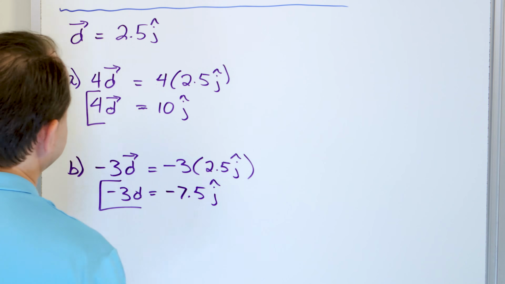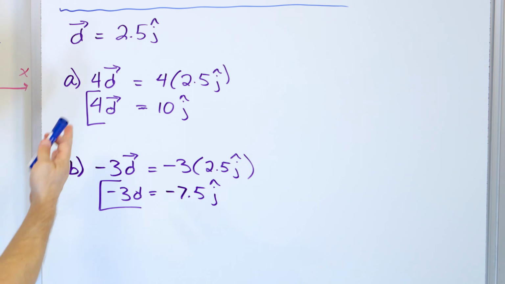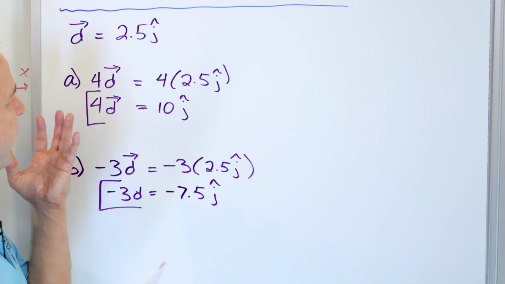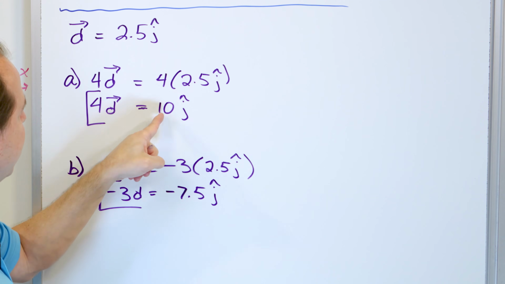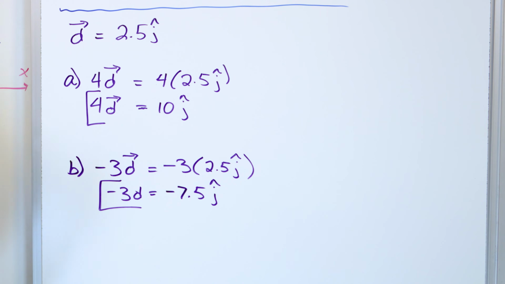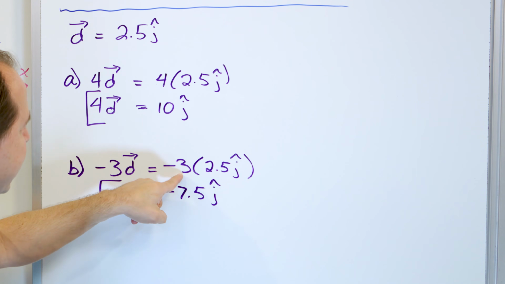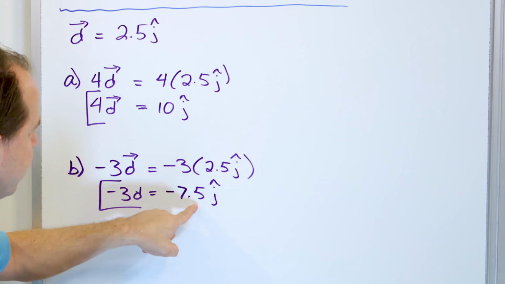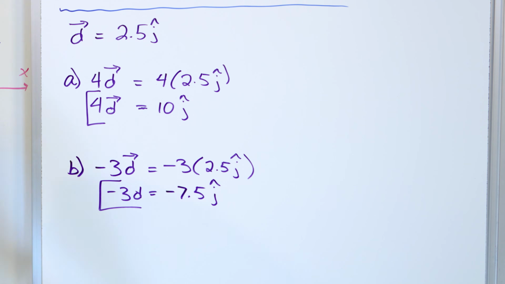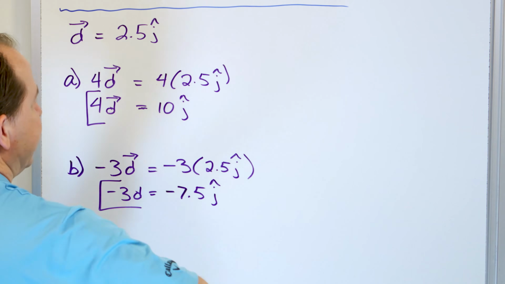And so this is the answer to the problem. So you see how we were able to do it without drawing any pictures. We follow the rules of math. When we have a vector, we multiply by a scalar, we just multiply the numbers, the unit vector comes along for the ride. We're multiplying by -3, we still follow the rules of math. The answer is a negative number in front of the unit vector in the j direction. Now let's see if this makes any sense at all.